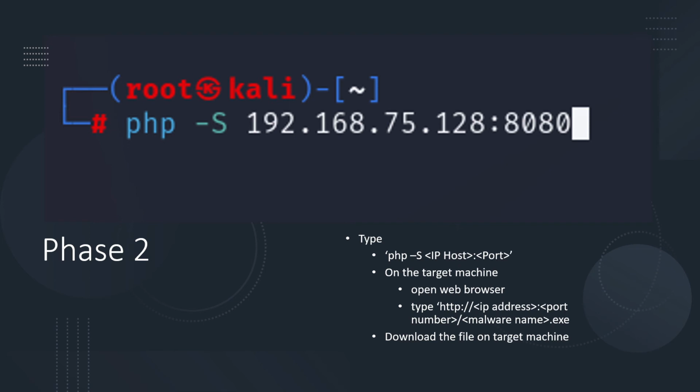HTTP colon //192.168.75.128 or 80. In fact, generally I might get away with not having to put the port there because that's default HTTP. The name of the file that I want to download, so vncviewer2.exe, and hopefully that should start the download.